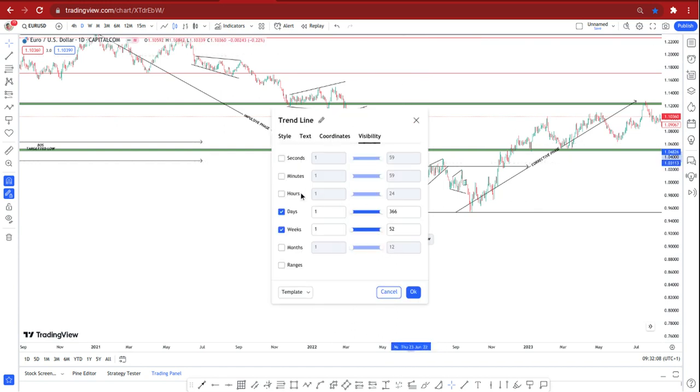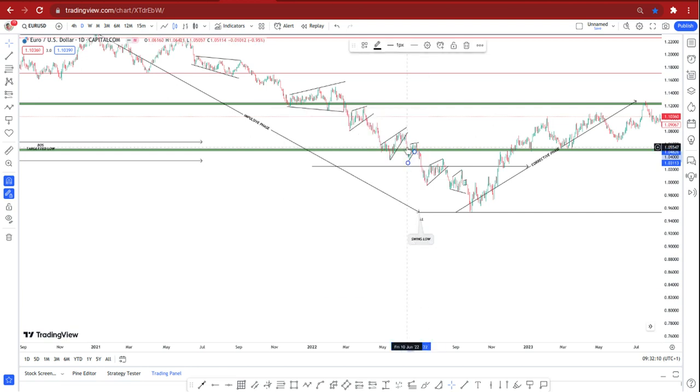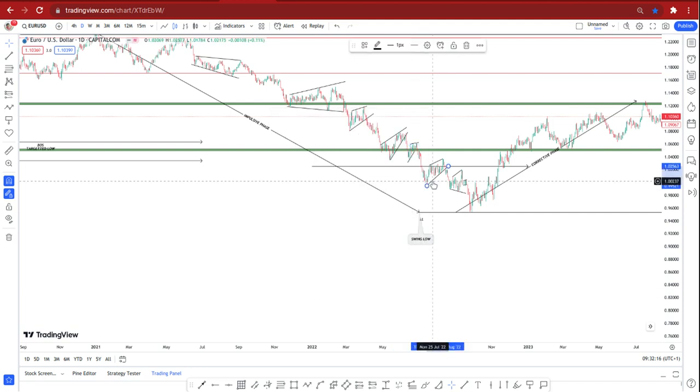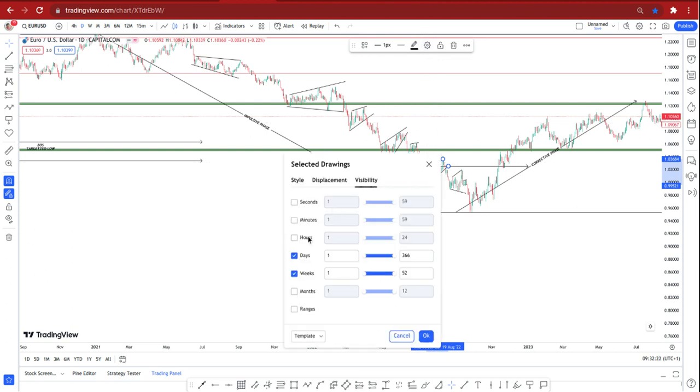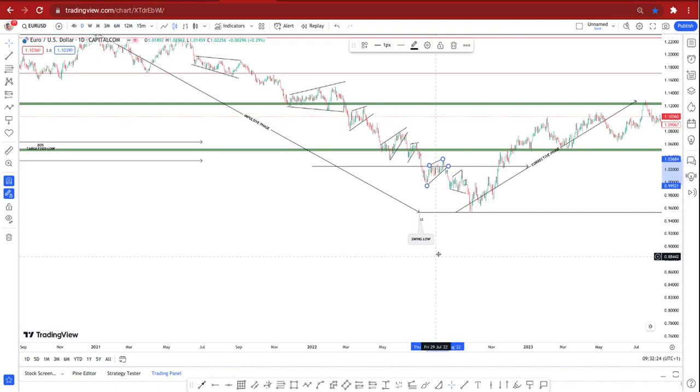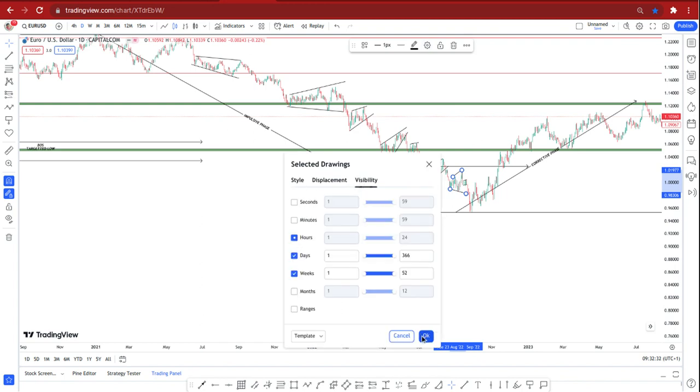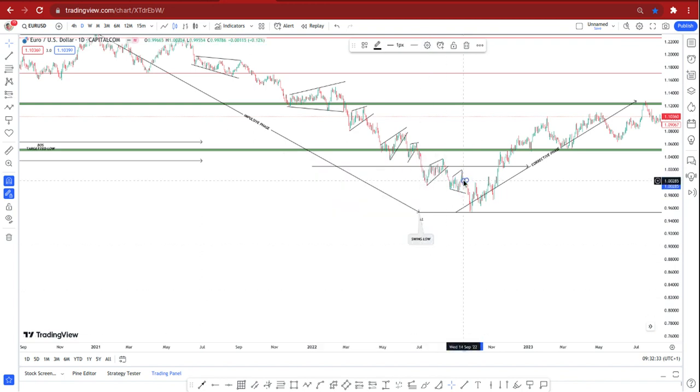Okay, don't want to follow the rule, no problem. One, 2. Okay, you did well. One, 2. Visibility hourly, good. 1, 2.